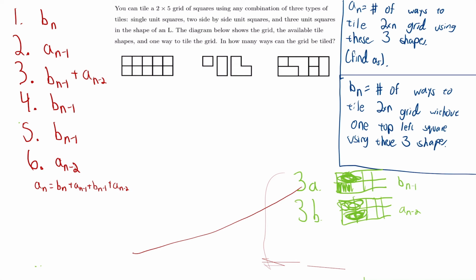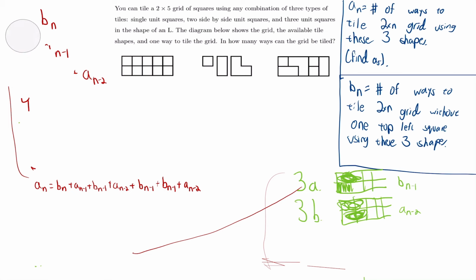B of n plus A of n minus 1 plus B of n minus 1 plus B of n minus 1 plus A of n minus 2. Okay, so now you can check that makes sense because it's just the sum of these separate cases. So that's a formula.